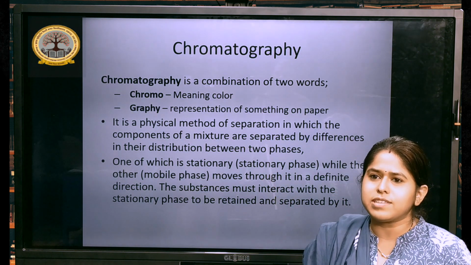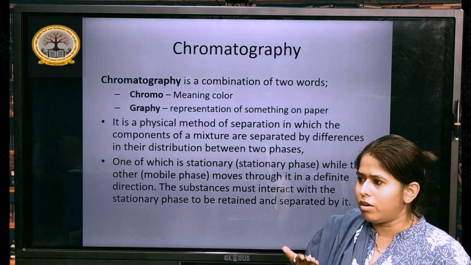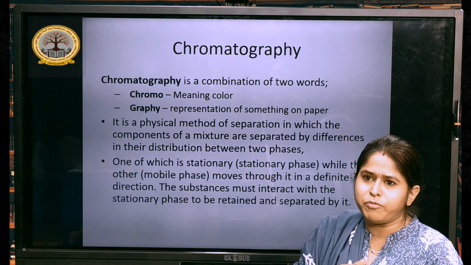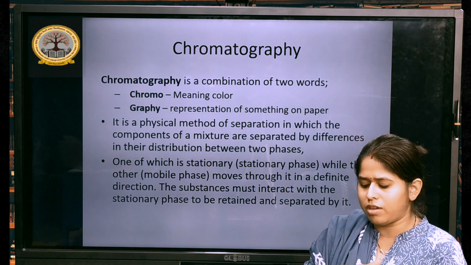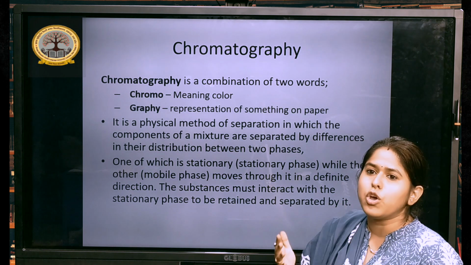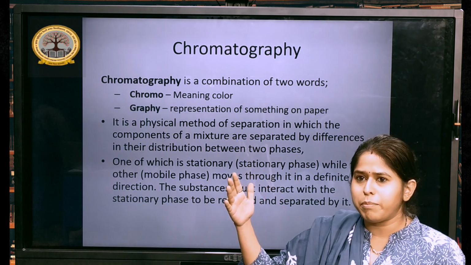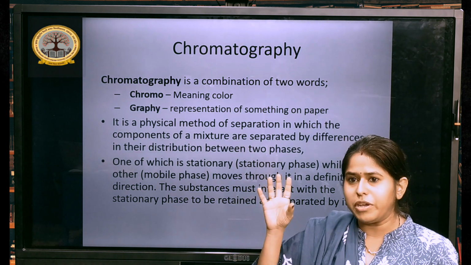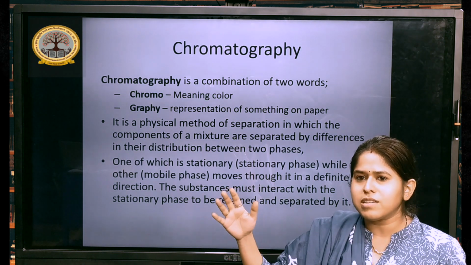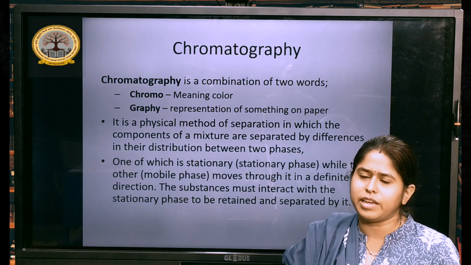The stationary phase remains fixed inside the column or on a plate, which acts as a phase on which our components are separated. The other phase is the mobile phase, which is the moving phase, which takes our sample, our mixture of analytes, and passes it through the stationary phase, and we achieve different components in their individual forms.